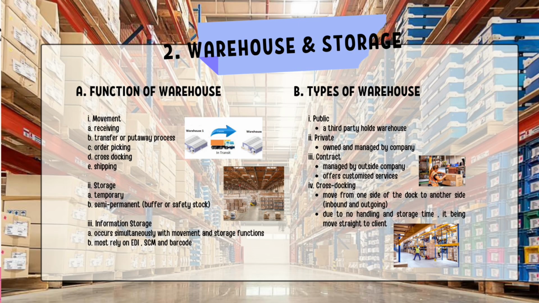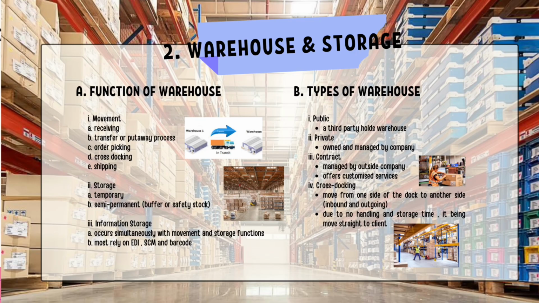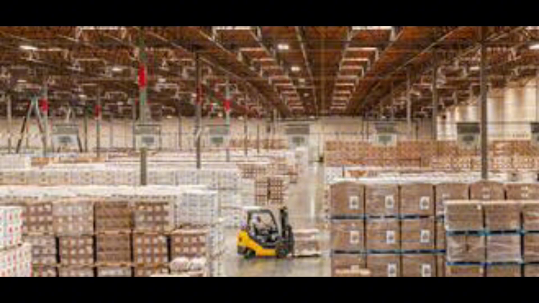The first one is movement. This function included the receiving of the logistic, the transfer or put away process, the order picking, the cross-docking, and the shipping of goods. The second one is storage. Two types of the storage are temporary and semi-permanent that can also be known as buffer or safety stock.